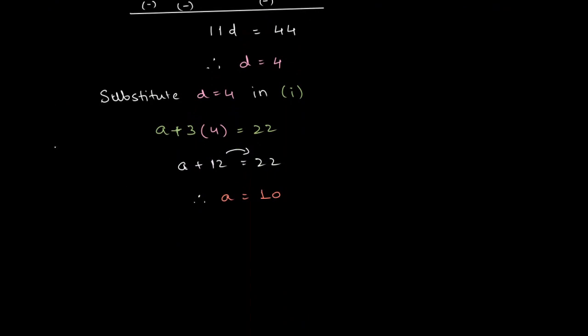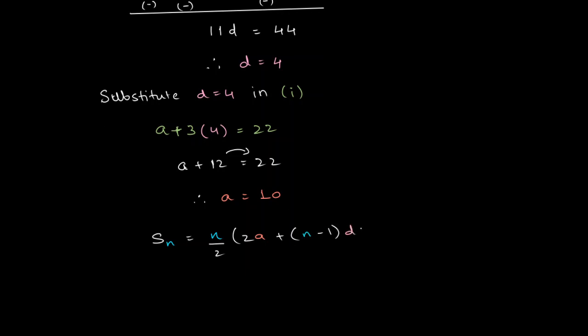Okay, so first let's just note down the formula for the sum of n terms of an arithmetic progression, right? So Sn is equal to n upon 2 into 2a plus n minus 1 into d, if you guys remember, right?